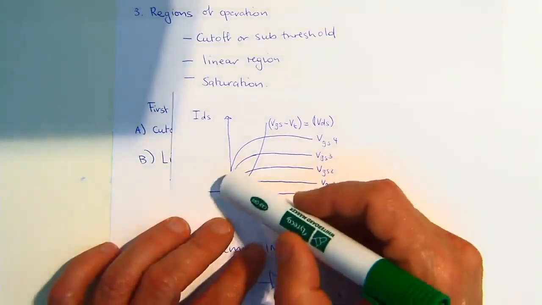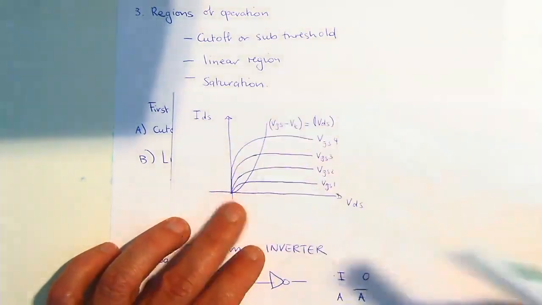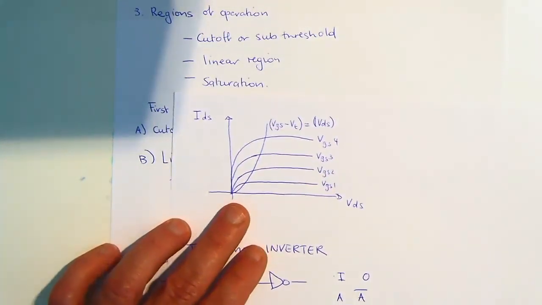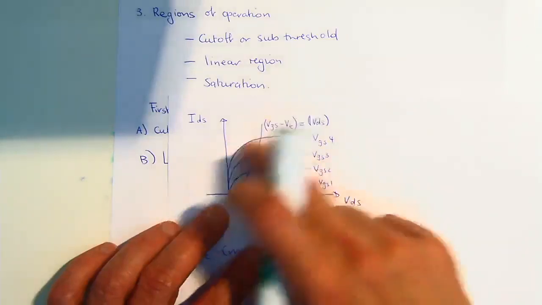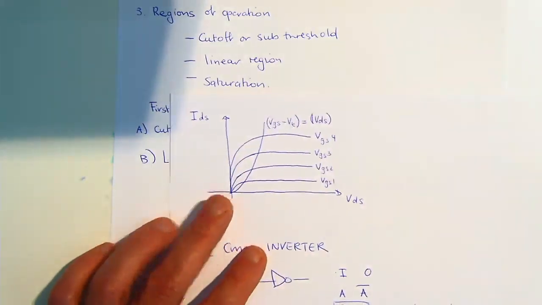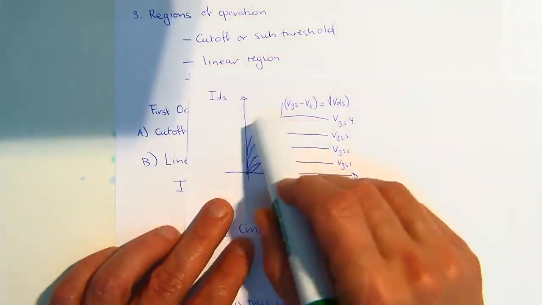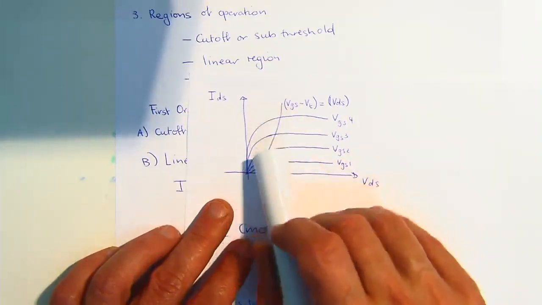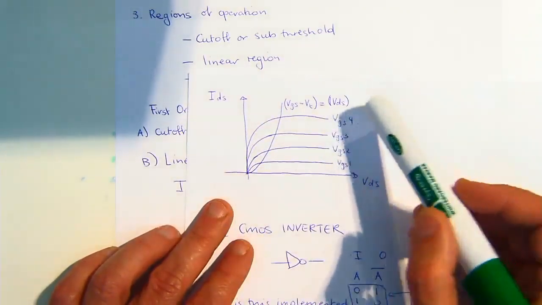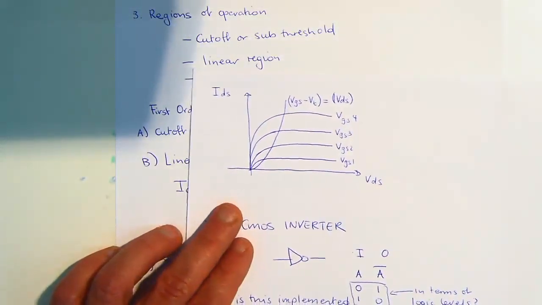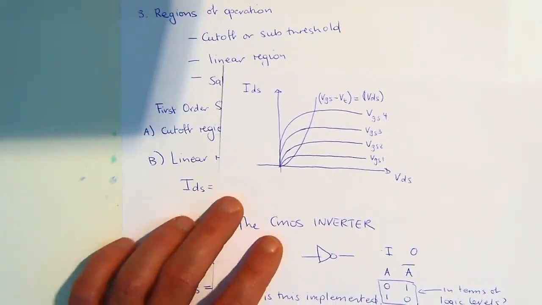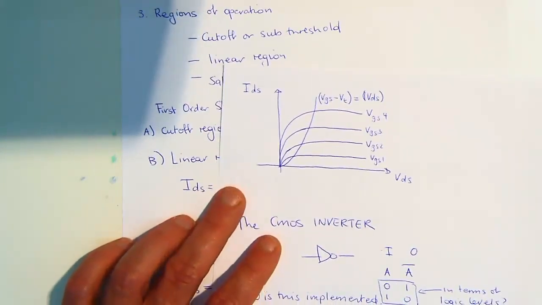In the region where you've got this dependency on VDS, we describe it as the linear region. It's not actually linear. You do have a semi-quadratic term, but when VDS is small, it's almost linear.